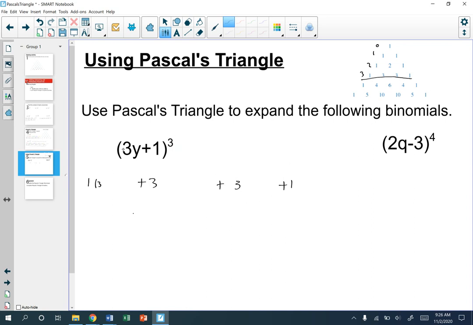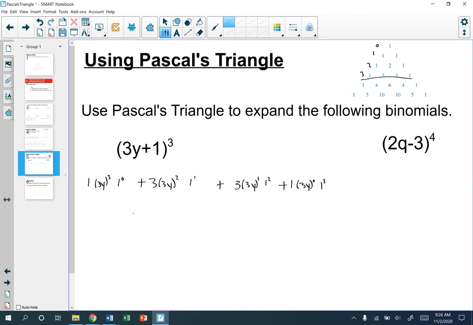So I take my a value, which is 3y, to the 3rd, and then I'm looking at 1 to the 0. Now I have 3y to the 2nd times 1 to the 1st, 3y to the 1st, 1 to the 2nd, and 3y to the 0, 1 to the 3rd.